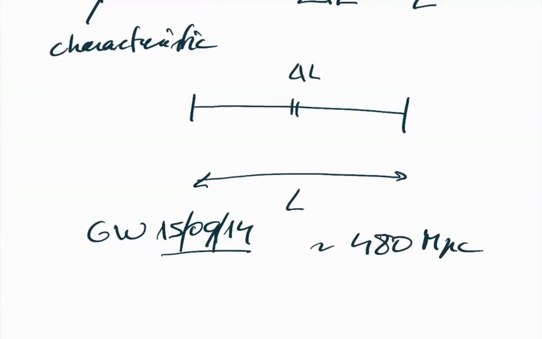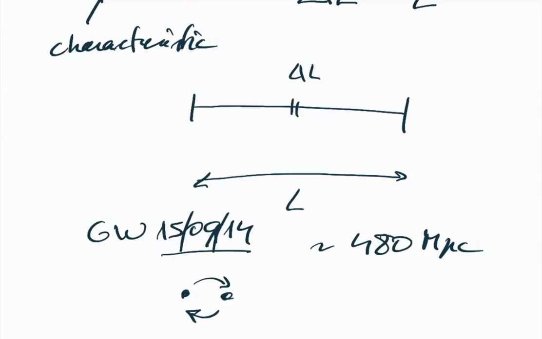Just to give you an idea for how long this is, if you convert, this is over 1 billion light years. Which means that the two black holes that were spiraling and finally merged with each other, they merged when life here on Earth was starting at a cellular level.